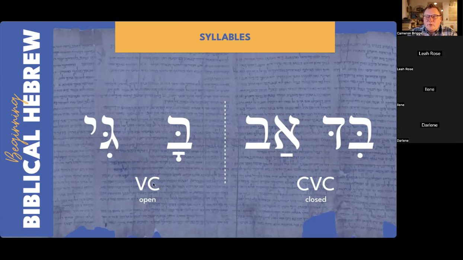So if we have just one consonant and one vowel, it's open, because that vowel is open to fly around. Not really, but that's why it's open. It's because there's nothing keeping it necessarily in place. And then the closed syllable is where the vowel is sandwiched in between two consonants. It's closed off. It can't move anywhere.